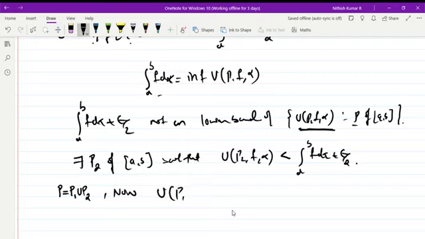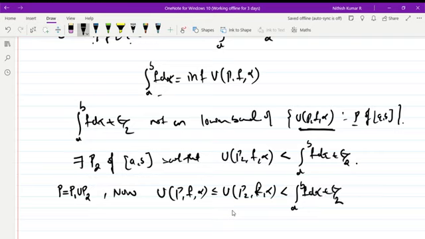If I consider U(P, f, alpha) and U(P2, f, alpha), then U(P, f, alpha) is less than or equal to U(P2, f, alpha), because P is a refinement of P2. So U(P2, f, alpha) is less than the integral from a to b of f d alpha plus epsilon by 2.